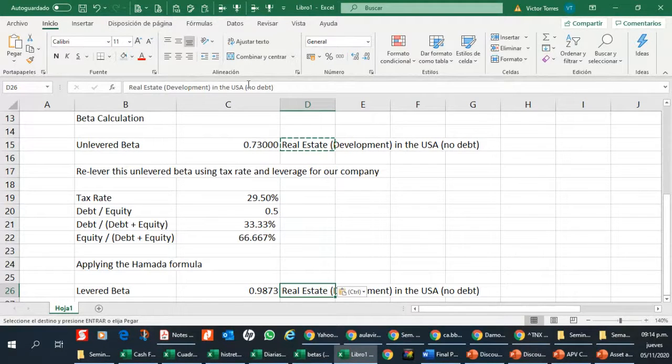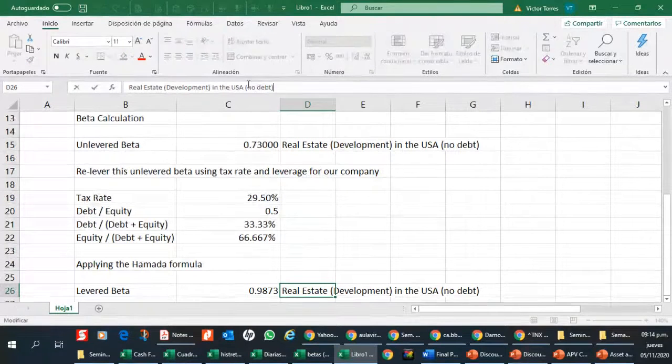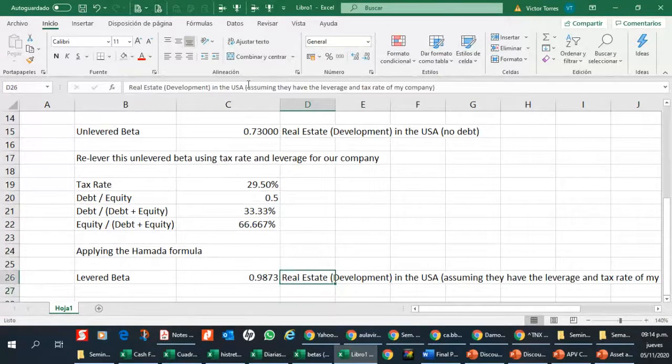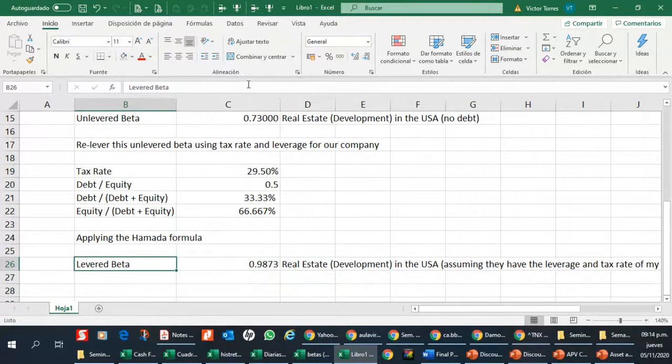So this will be the levered beta for those real estate companies in the United States, assuming they have the leverage of my company and face the tax rate of my company. That's what we are aiming for. This is what we are going to calculate.